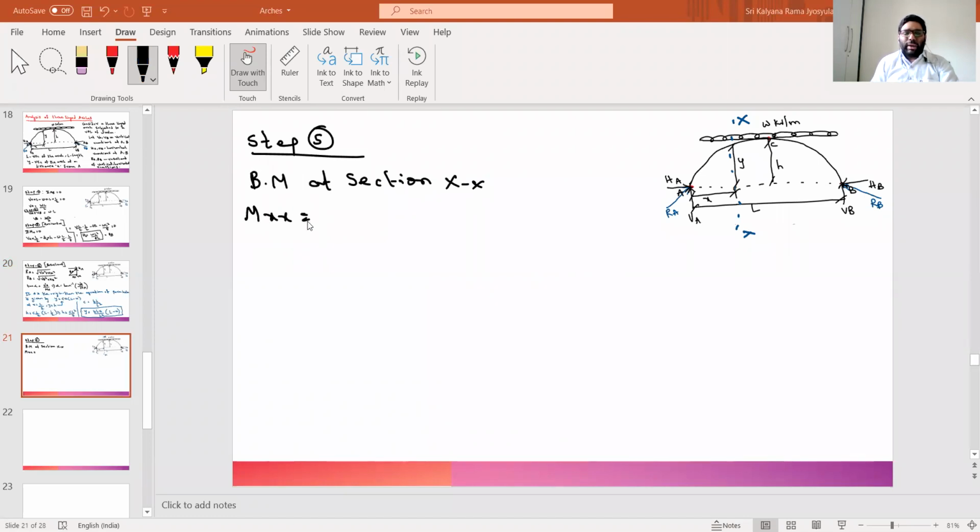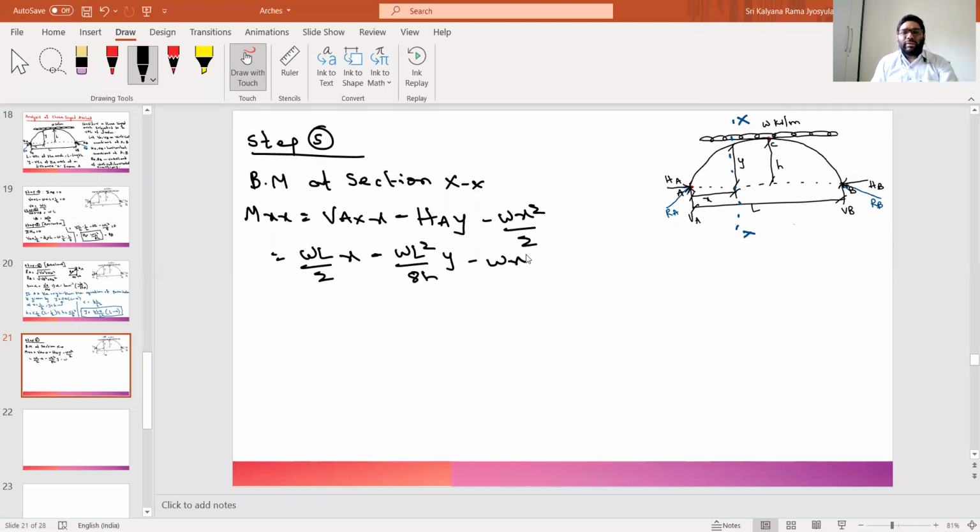Mxx is equal to VA into X minus, what is the height at XX section? Minus HA into Y, correct, right? Minus WX square by 2. So what is VA? WL by 2 into X minus, what is HA? WL square by 8H into Y minus WX square by 2.